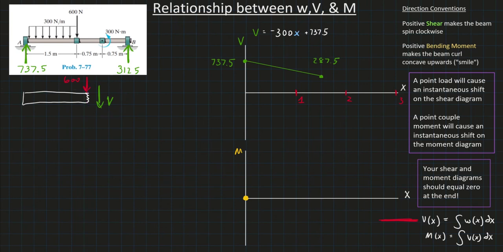And because we need less positive shear, this will be a downwards shift of our V, downwards by 600. So if I do 287.5 minus 600, I can find out where we end up after this instantaneous shift. That's 312.5 negative. So that'll be about here, I would say.